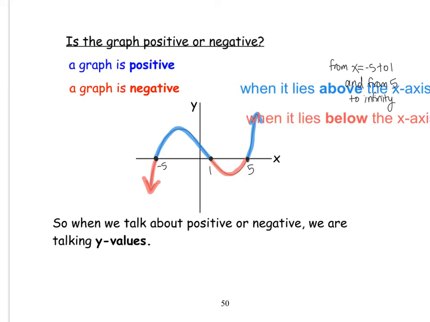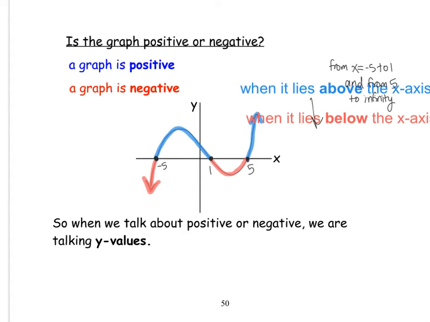Those are the parts of the graphs where it's positive. So we already know that positive means the y value is positive, so we want to specify what x values have positive y outputs.